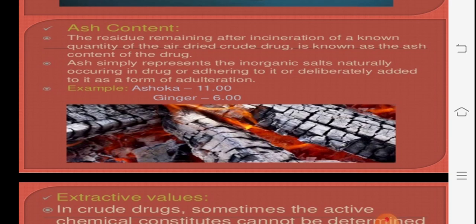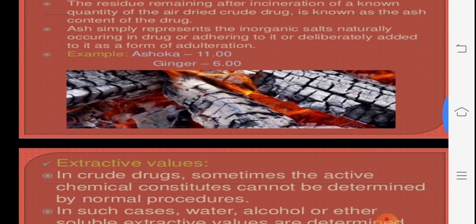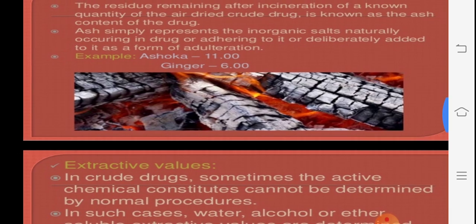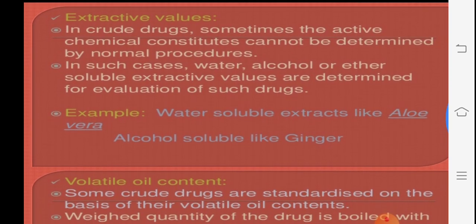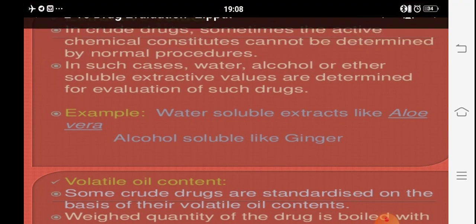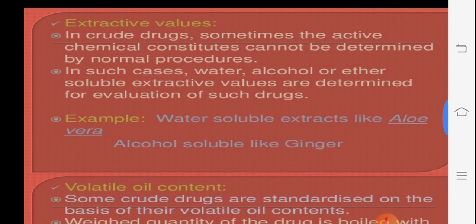For example, ashoka bark, Saraca indica, shows 11, ginger shows 6%, right? Then extractive values of crude drugs are generally determined by the normal procedure. For example, water soluble extracts like aloe vera, or alcohol soluble like ginger. So water solubility and alcohol solubility are checked.